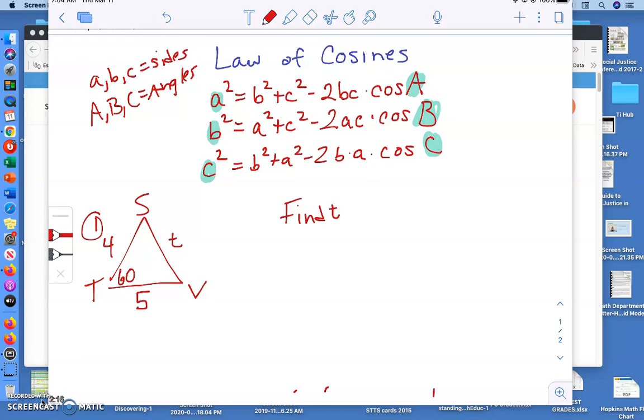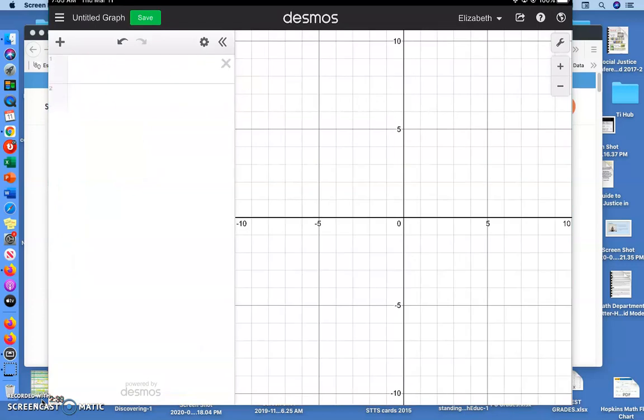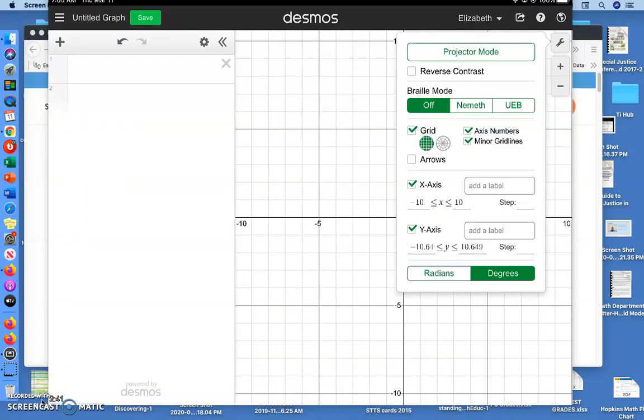We want to find side T, so I'm going to say T squared equals our other sides, 4 squared plus 5 squared minus 2 times 4 times 5 times the cosine of 60. And the nice thing is you can just plug this straight into your calculator. If you go to Desmos, hit that wrench thing, you want to make sure you're in degrees.